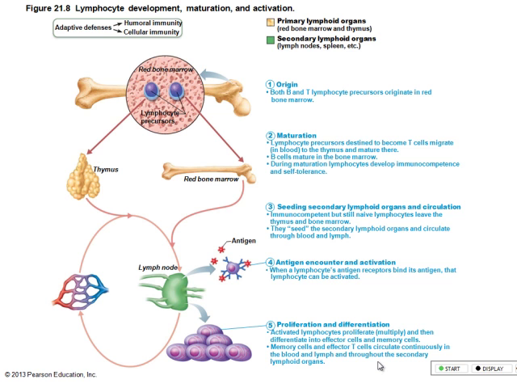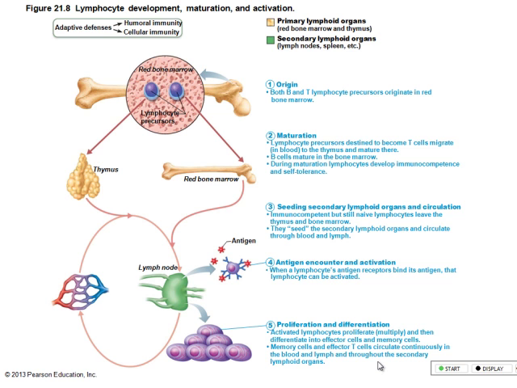Then we're going to find them hanging out in the lymphatic system, in those lymph nodes, in that spleen. And this is where they are going to be what we call the seeds. Spleen: largest lymphatic organ, yes.